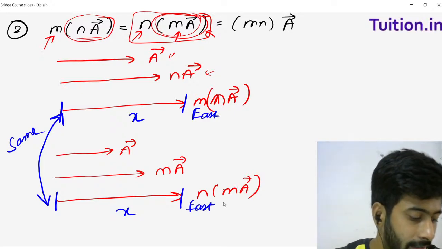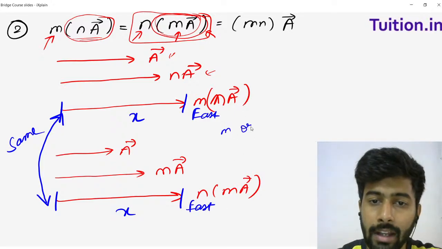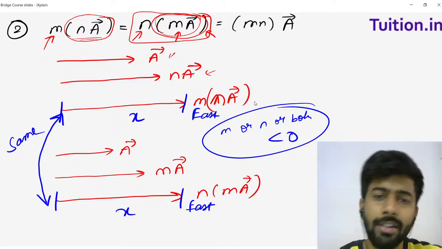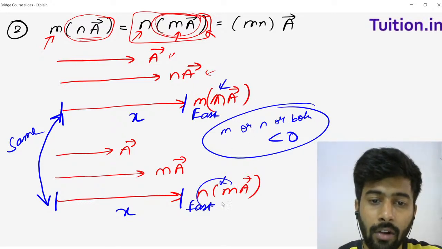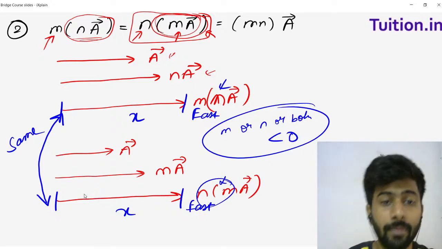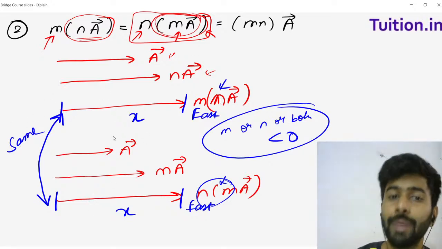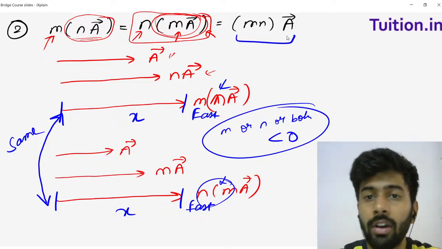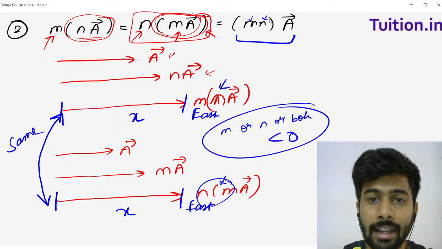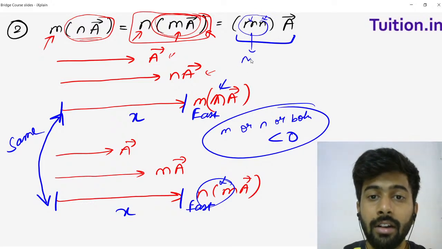And this explanation is valid even if m or n or both are less than 0, because in the multiplication it will be taken care of. When scalars get multiplied, nothing will change. And this very same explanation you can give for m into n into a bar also. m is a scalar, n is a scalar, m into n is a new scalar.